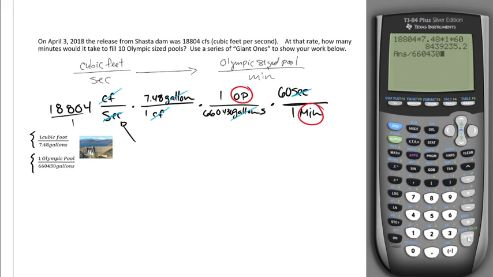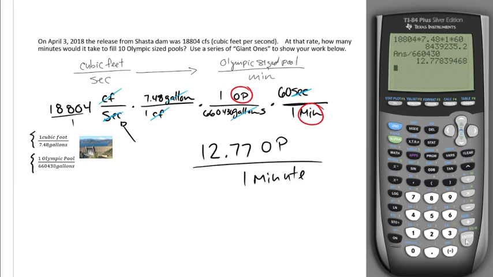And when I do that, I get 12.77. No, don't forget the units. I got 12.77 Olympic sized pools per 1 minute.